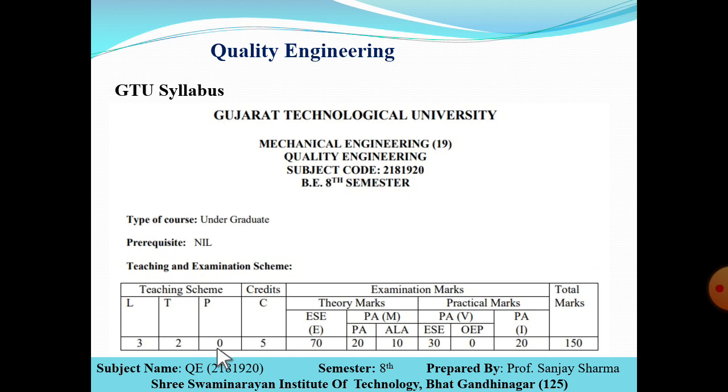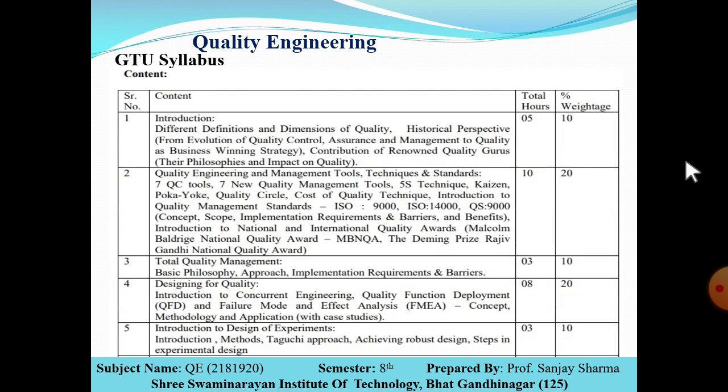Here we have the tutorial, we don't have any practical. Now if we see the content wise, subject wise, unit 1 is the introduction and it has a weightage of 10 marks. In the introduction we see the definition of quality, the historical perspective from the evolution of quality control, assurance and management to quality, and different definitions given by different gurus, their philosophies and impact on quality.